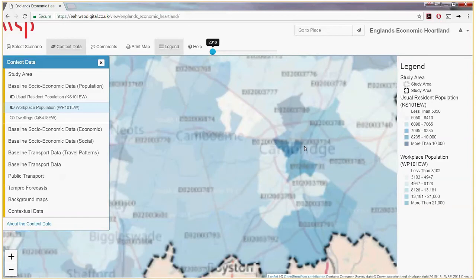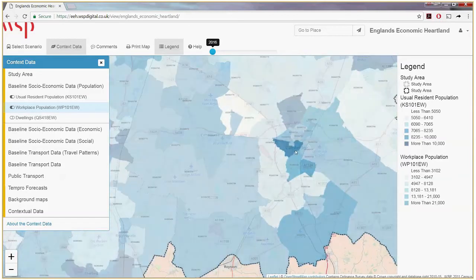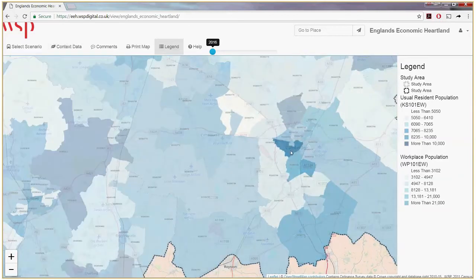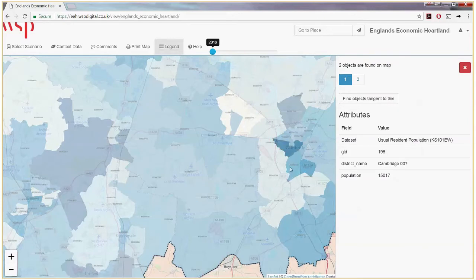If I switch on workplace population as well here and then interrogate a couple of areas, this MSOA West Centre Cambridge here, 15,000 people live, 26,500 people work there.